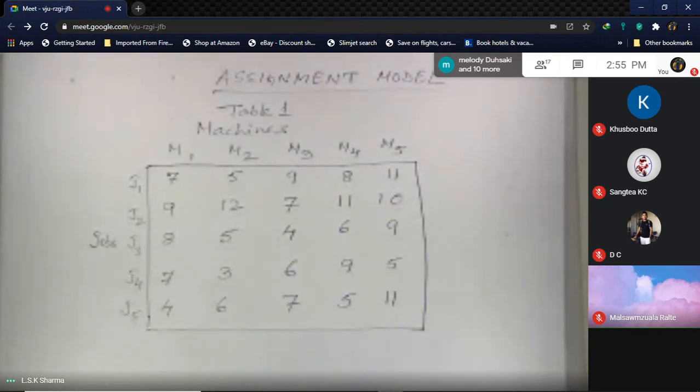So now how do I solve this problem? My objective is to assign jobs to particular machines, but at the least cost.